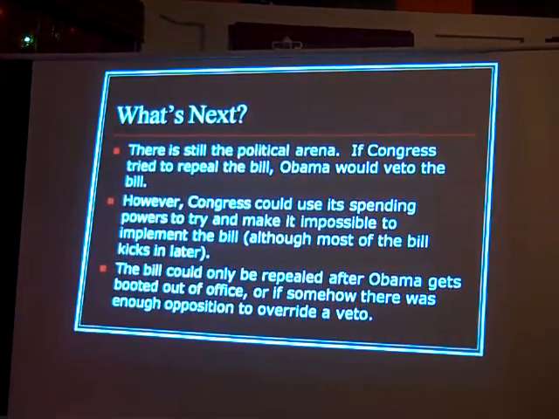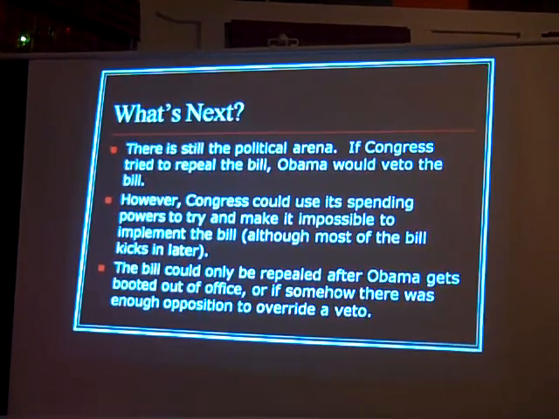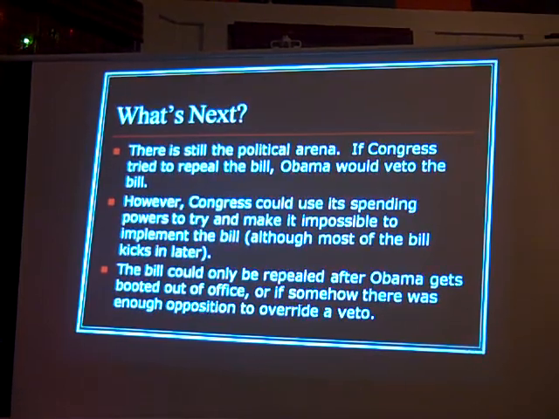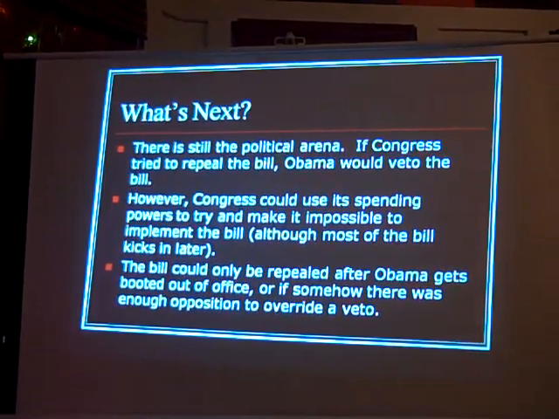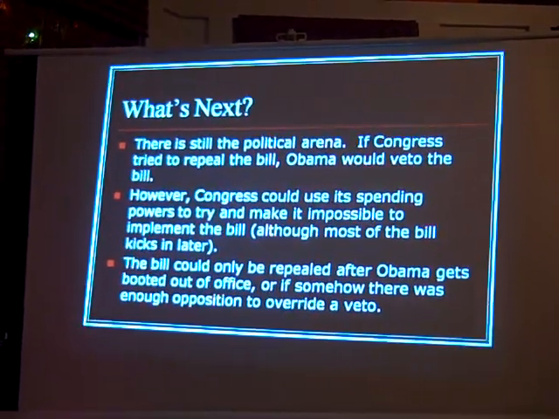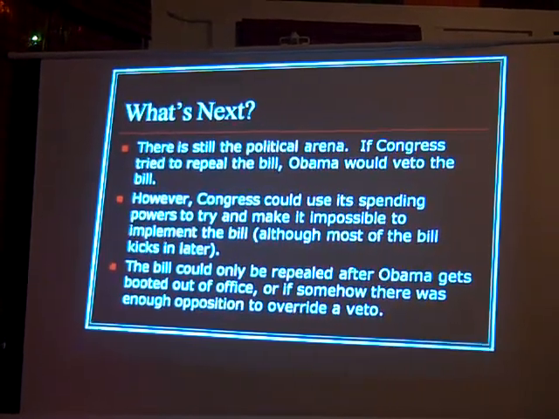There's other ways to try to weaken Obamacare if it was not found unconstitutional. Through the spending powers that Congress has, you don't fund certain provisions. One of the weaknesses is that if this bill is found constitutional, the implications are huge.